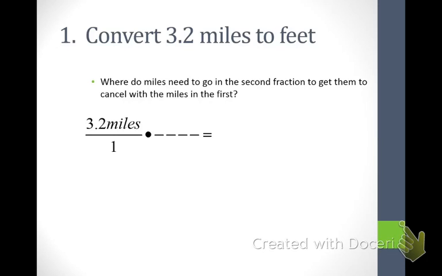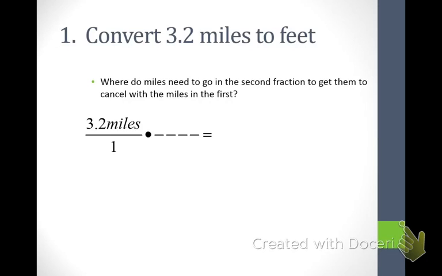Now, here's what I want. When I take this ratio and multiply it into my measurement, I want the miles to go away and be left with feet, because I'm converting from miles to feet. If I'm going to multiply this by a fraction, and we're only going to worry about the units right now, then I want the miles to divide out when I multiply straight across.